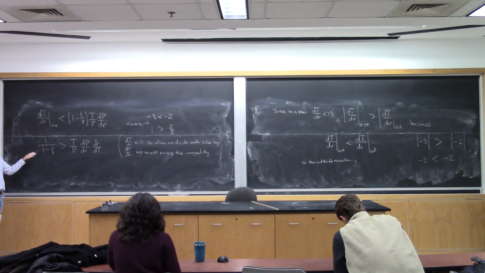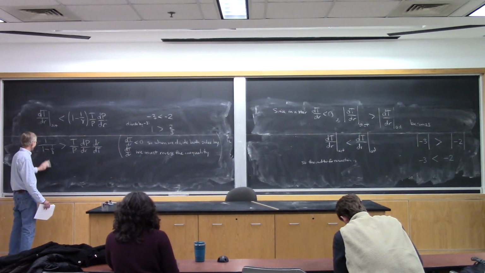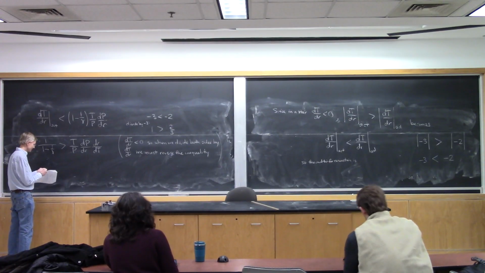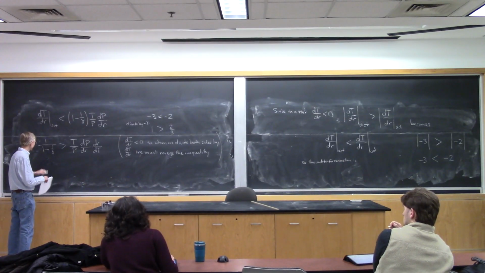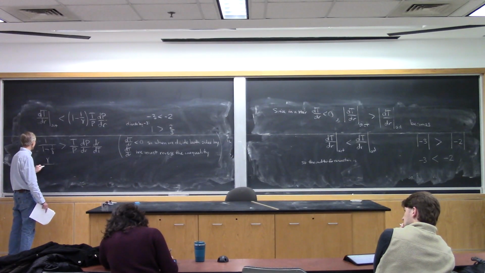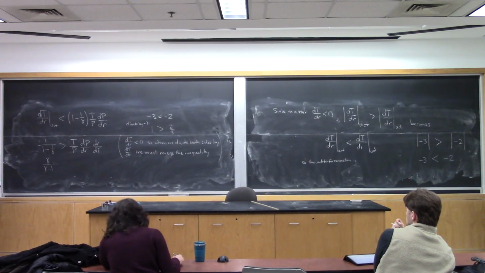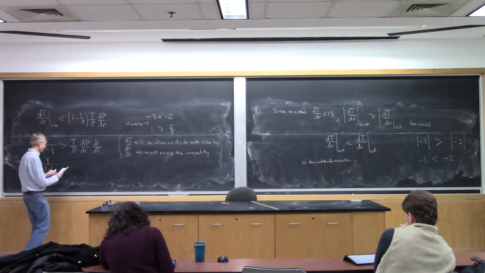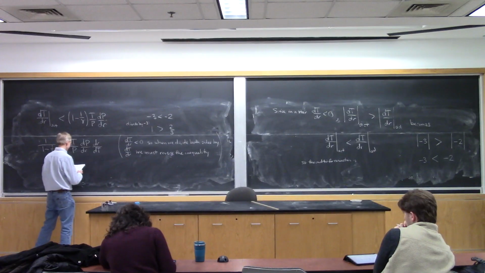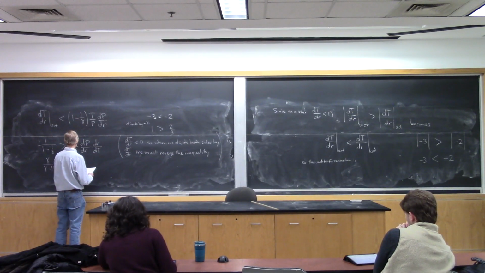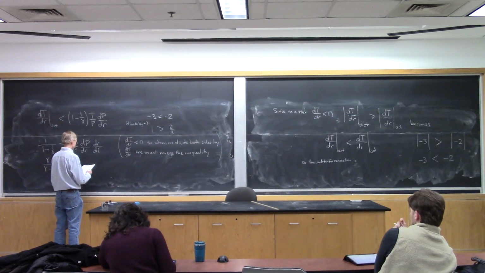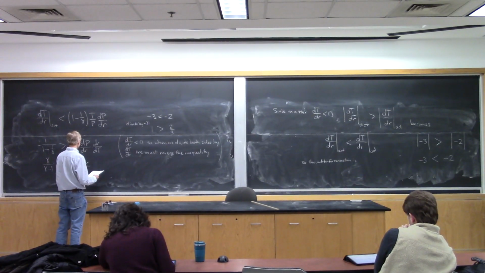So this becomes gamma over gamma minus 1, which is greater than T over P, dP/dr, dr/dT.